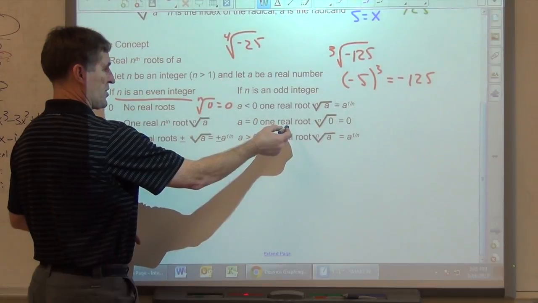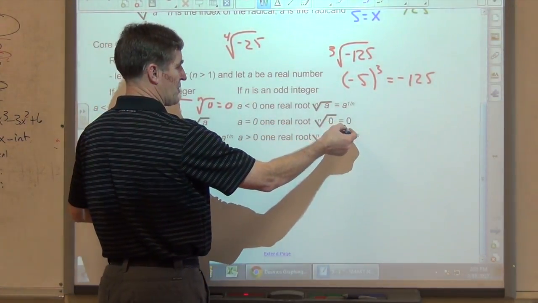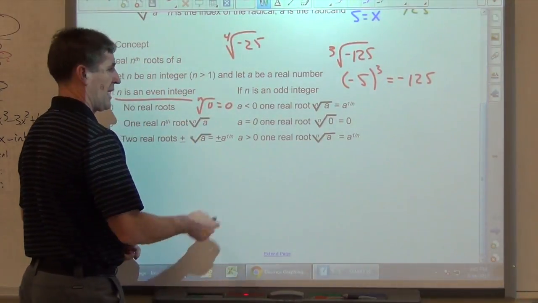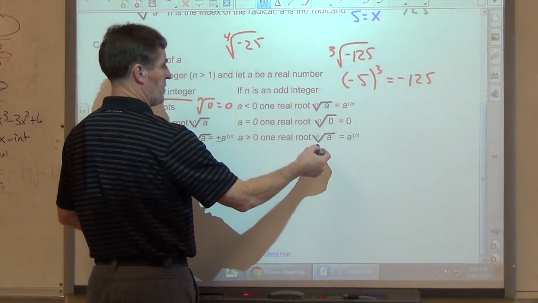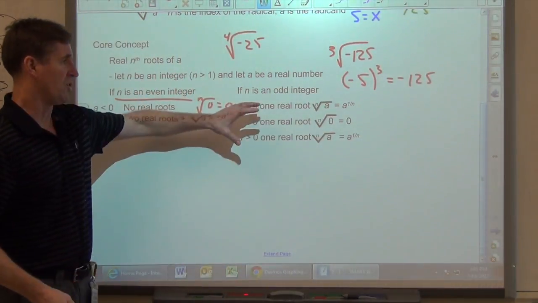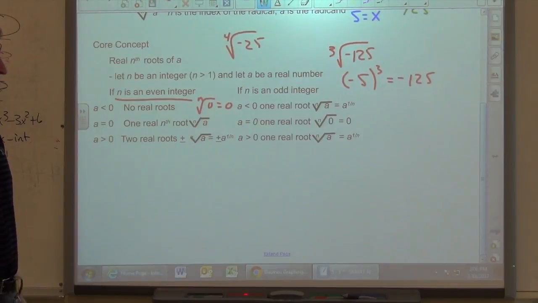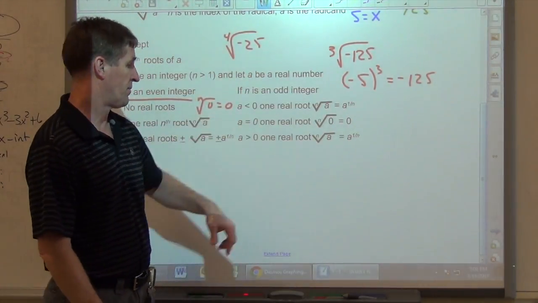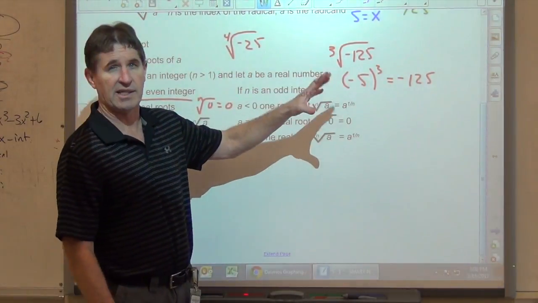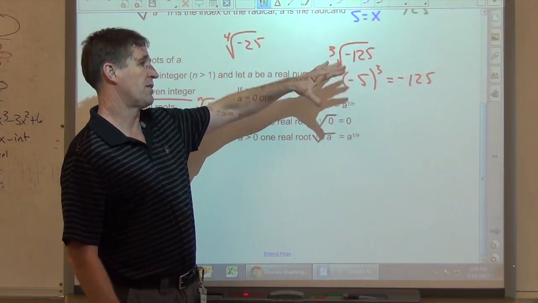If a equals 0, there's one real root, the nth root of 0 is 0. And if a is greater than 0, then there's one real root, the nth root of a, which is a to the 1 over n. So we can do it whether it's negative or positive, it doesn't make any difference. We'll only have one answer when that index is odd, because we either have to be all negative to get a negative, or all positive to get a positive.